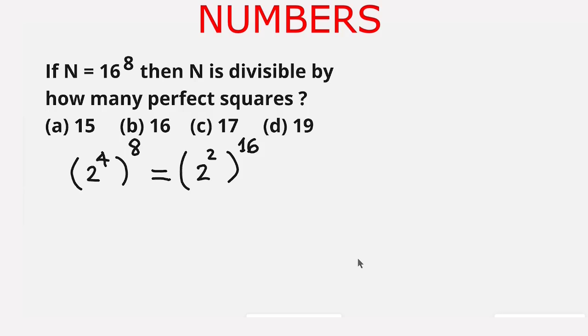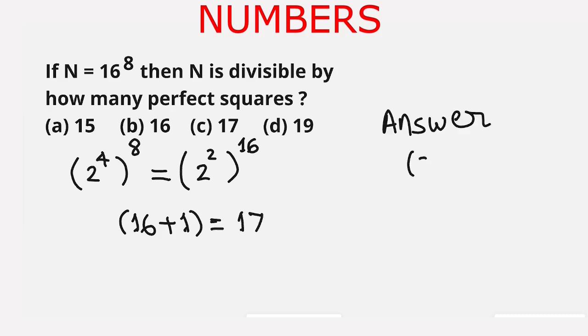So the given number is 2 to the power 2 to the power 16. Now 2 to the power 2 is a perfect square and the power of this is 16. So the number of factors are 16 plus 1 equal to 17. And from the given options, our answer is option C 17.